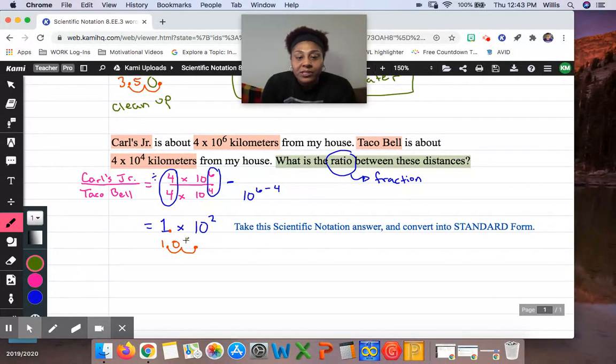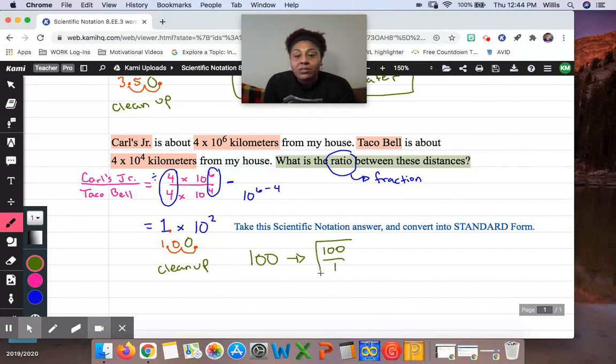I'm going to fill in my blank space with a 0 and clean this up. So now I get 100. My ratio should be a fraction. So how do you turn a whole number into a fraction? All you have to do is put a 100 over 1.